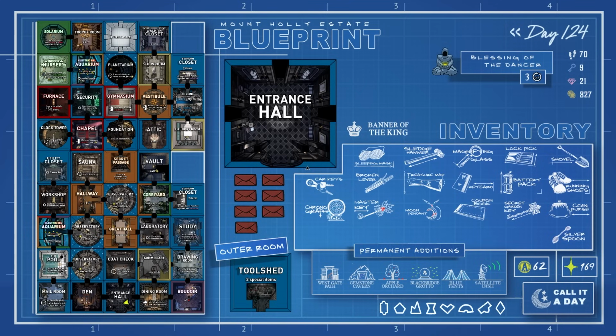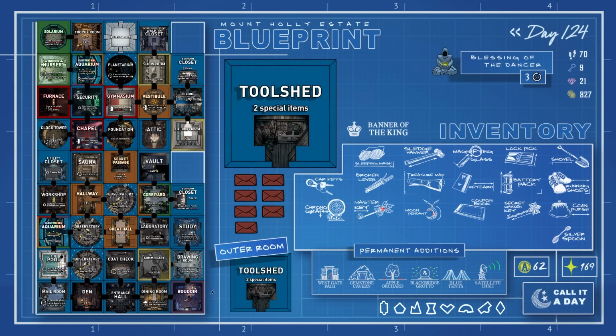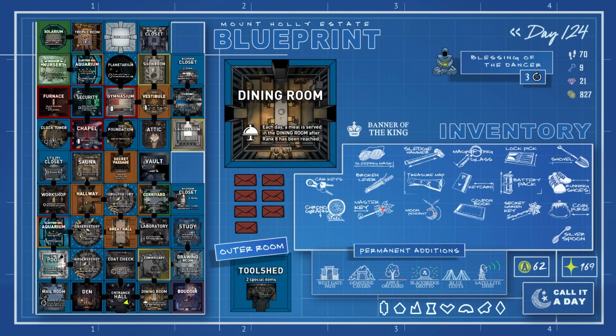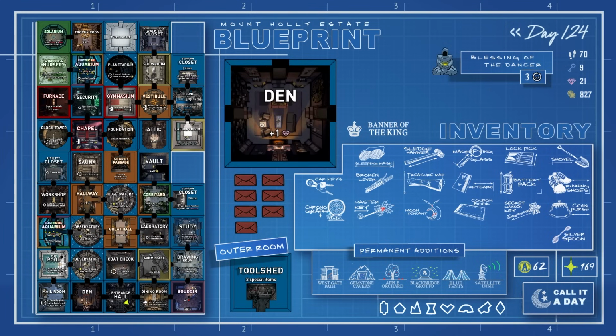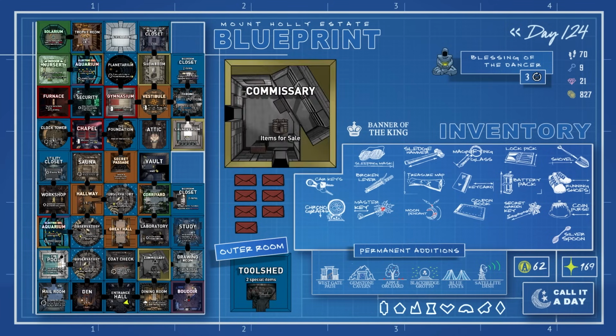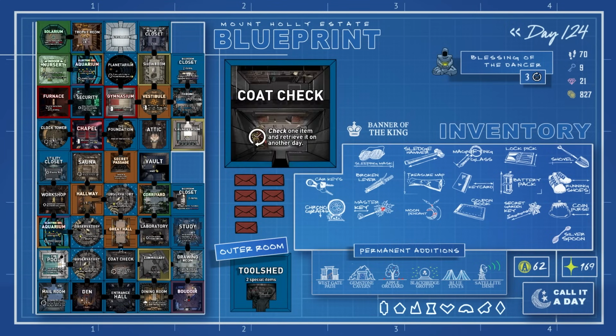I need to get the study early on, which I got this time, which was really helpful. Getting the commissary could be good, as that is going to get me my early items. So right out the gate, getting something like the dining room, coat check, den combo that we have, maybe the commissary and an observatory, like these that I have surrounding this starting room are a fantastic set of starter rooms, I think.